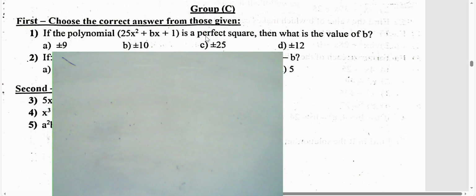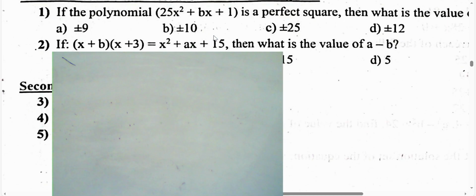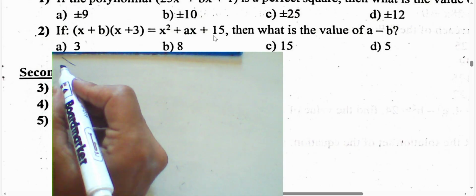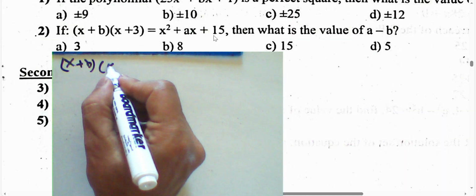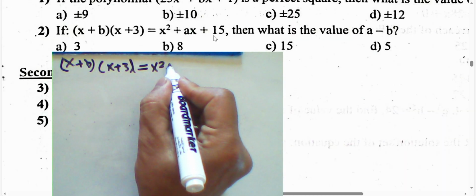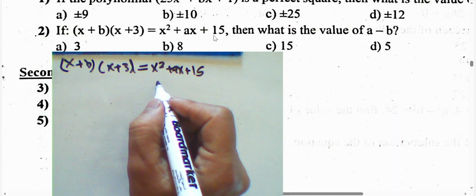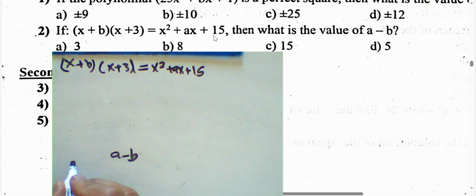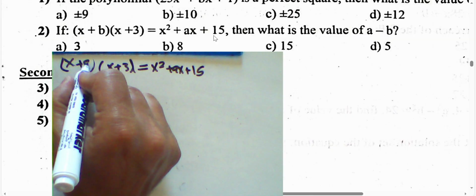Next question, number 2. If (x + b) times (x + 3) equals x² + ax + 15, we can find a and b and then find the difference between them. He wants to find a minus b. We know 3 times what equals 15? 3 times 5.